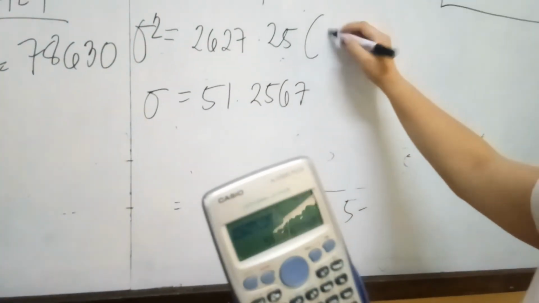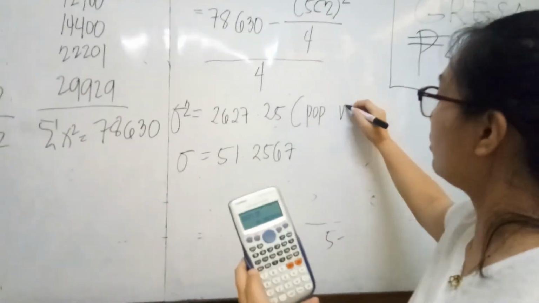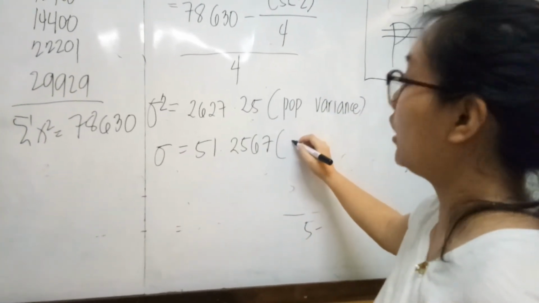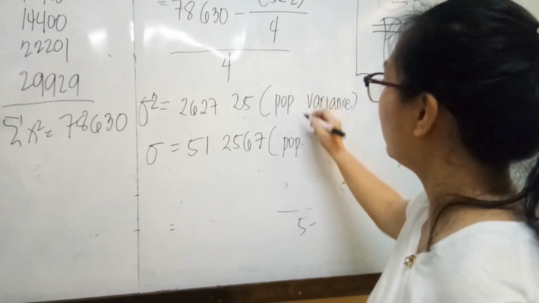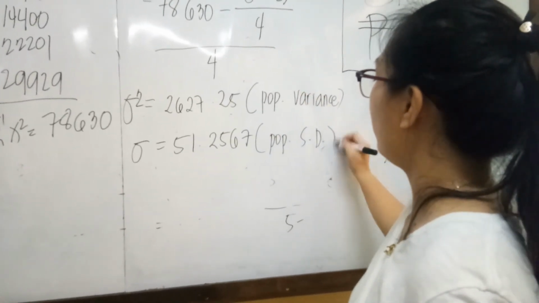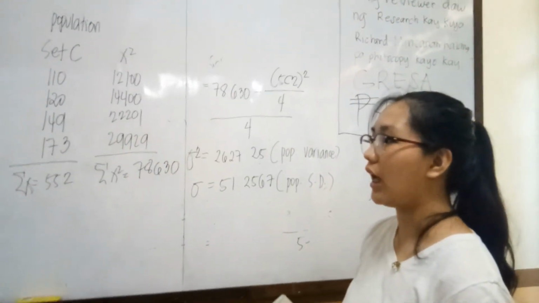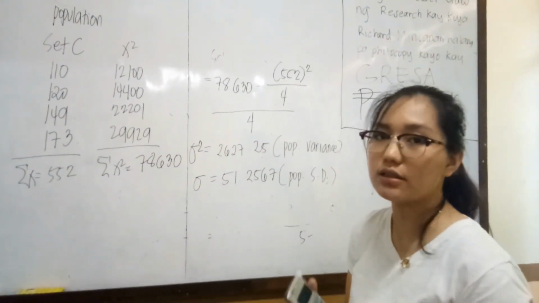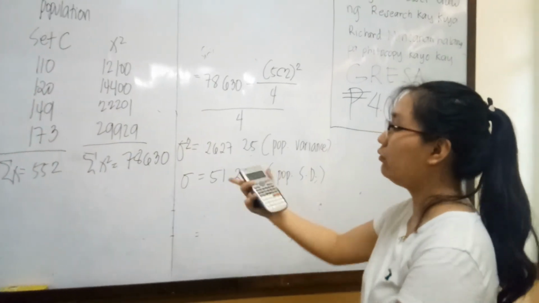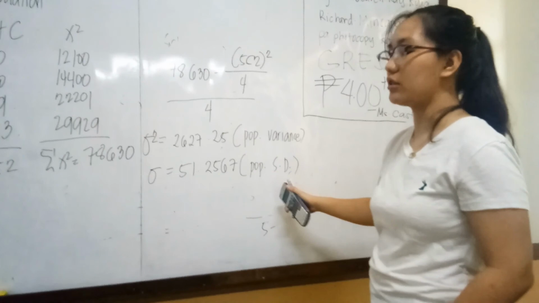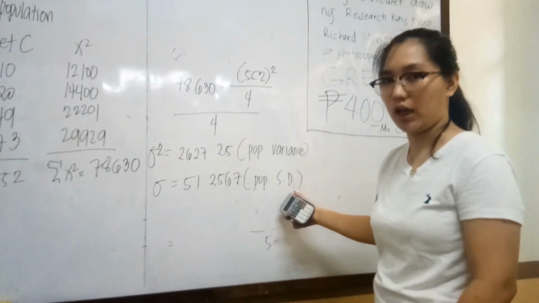This is our population variance. This one is our population standard deviation. So, yung kanina, ang sinusolve natin ay sample variance at sample standard deviation. Ngayon naman, we have your population variance and then we have your population standard deviation. Ganun lang. Okay?